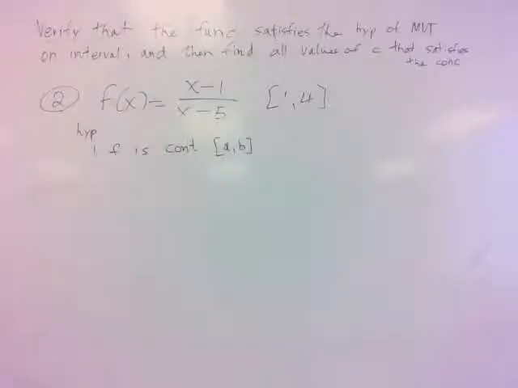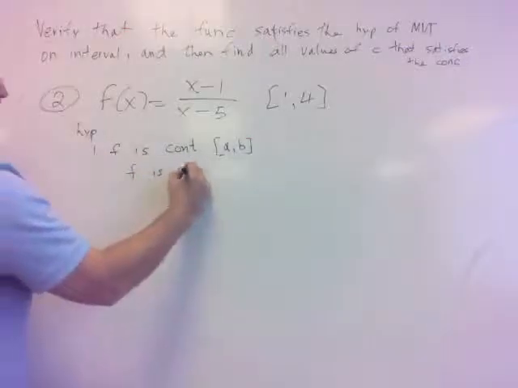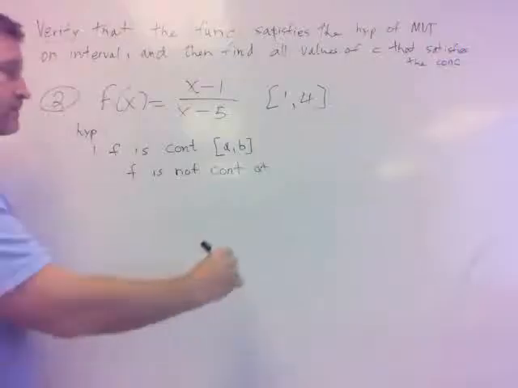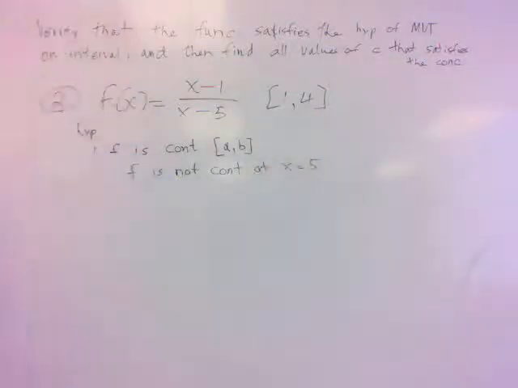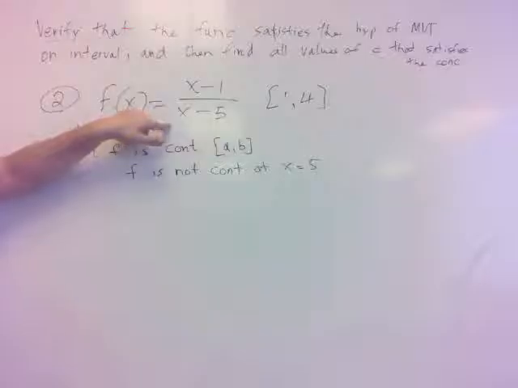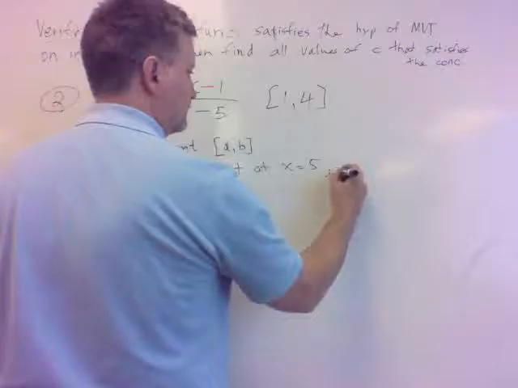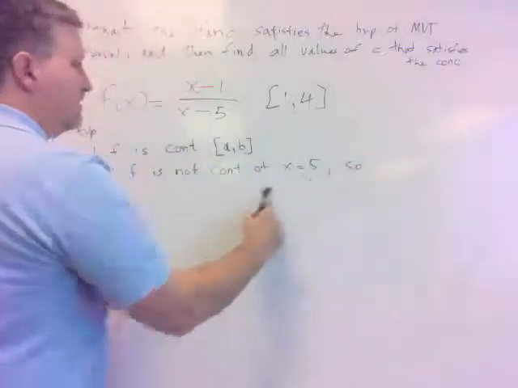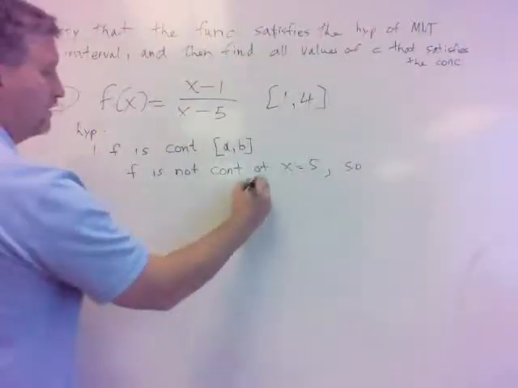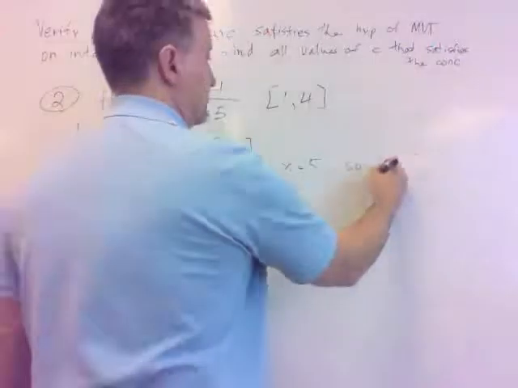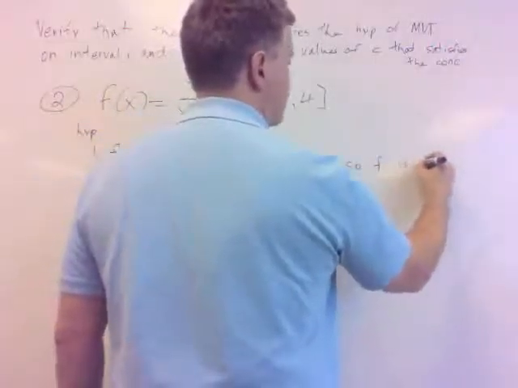Well, F is not continuous at a value, isn't it? But we're still okay because F is not continuous at 5, making the denominator 0. We're okay because we're not getting to 5 there, are we? F is not continuous only at x equals 5, so it is continuous on 1 to 4. So we're okay.